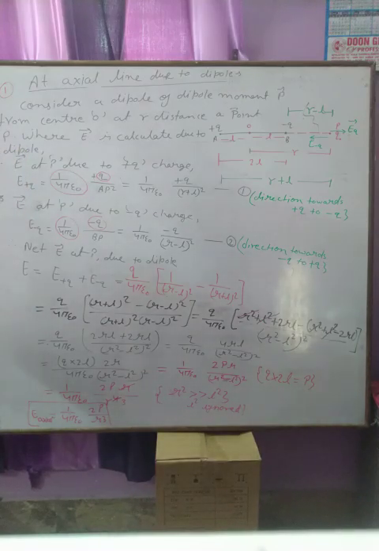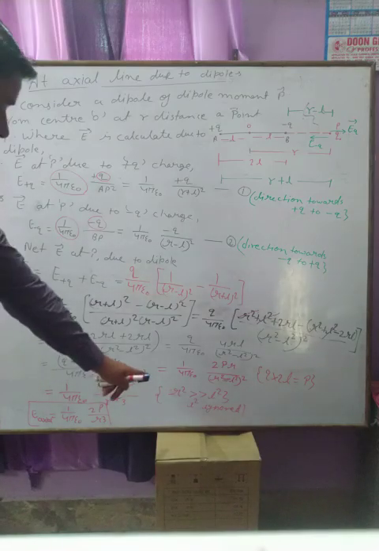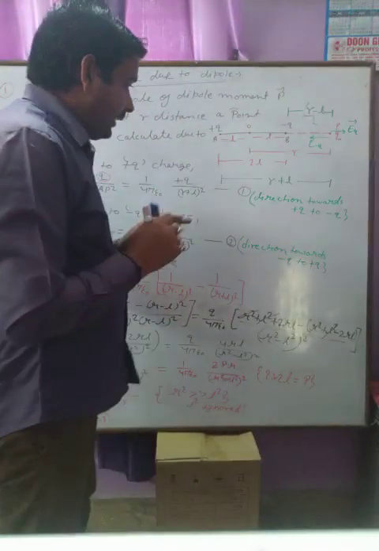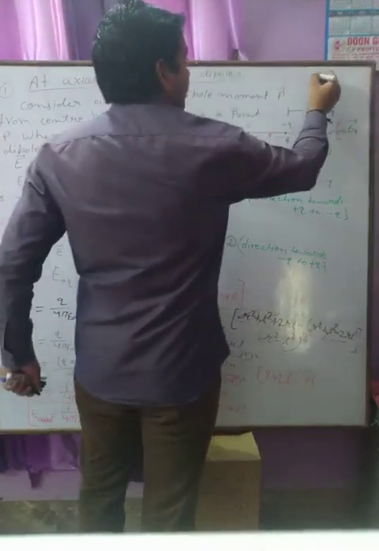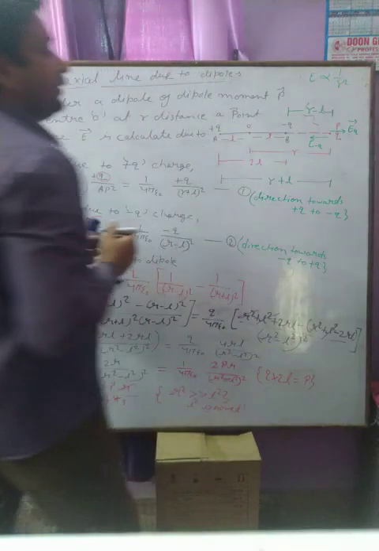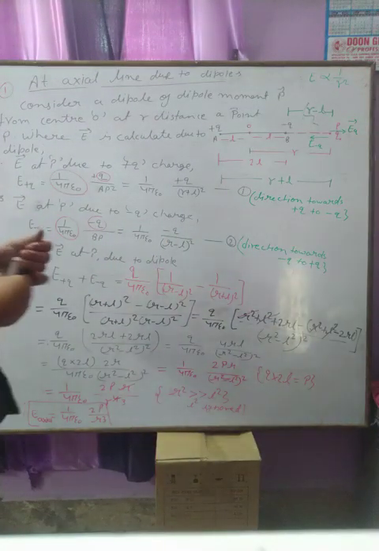Now we go to the resultant direction of this electric field. Student, we are very clear that the electric field is related to the square of the distance.